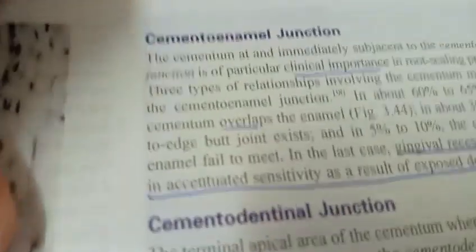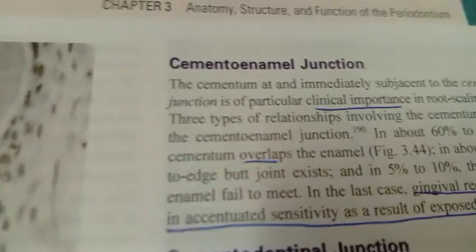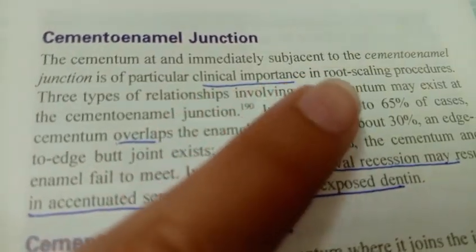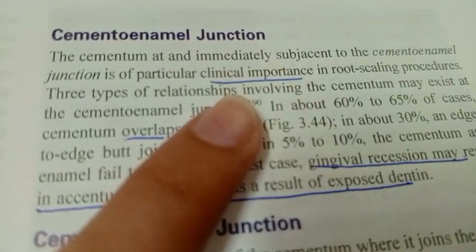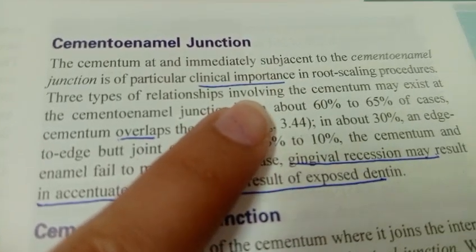Now moving towards another important property, which is the cemento enamel junction. It is of very important clinical significance during root scaling procedures. It has three important relationships that you have also studied in your first year.